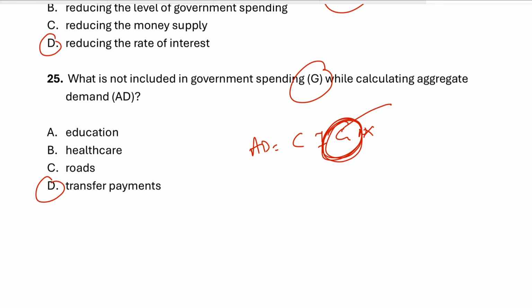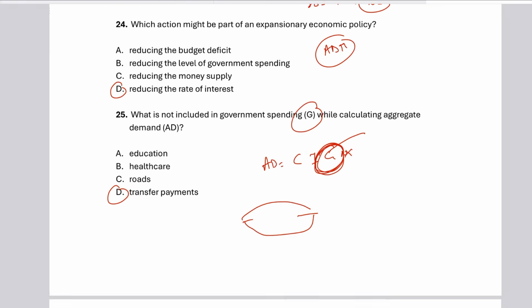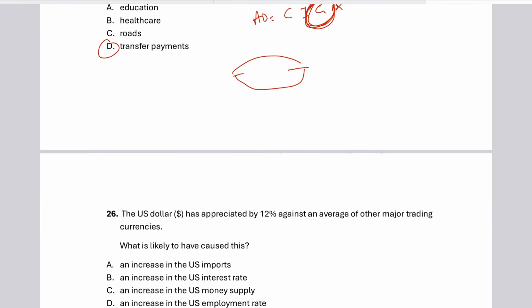Transfer payments are not included because they are not payments for currently produced goods and services, like unemployment benefits, state pensions or welfare benefits. Transfer payments simply redistribute incomes from one group to another group. They do not represent production. So 25 D for David is the correct answer.